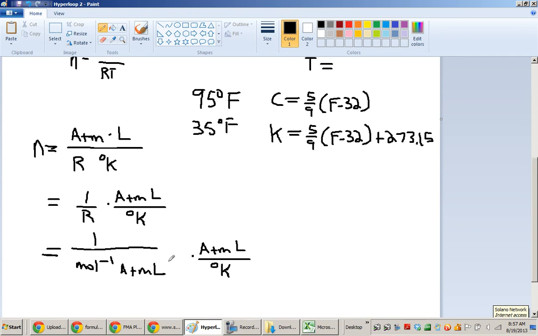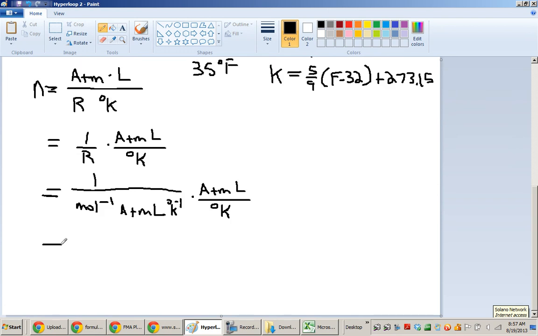So I'm running out of room here. Kelvin to the -1. Yay. So if I was to flip this thing over, when I'm dividing by a number, I can multiply by the reciprocal. It's the same mathematically equivalent operation.